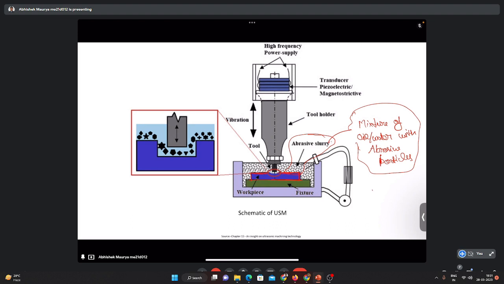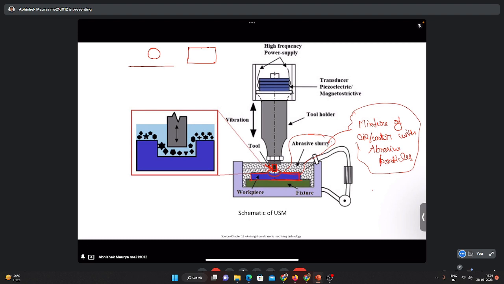If we want to make a circular hole, we take a tool with circular cross section, and if we want a square hole, we take a square tool. This is the tool.